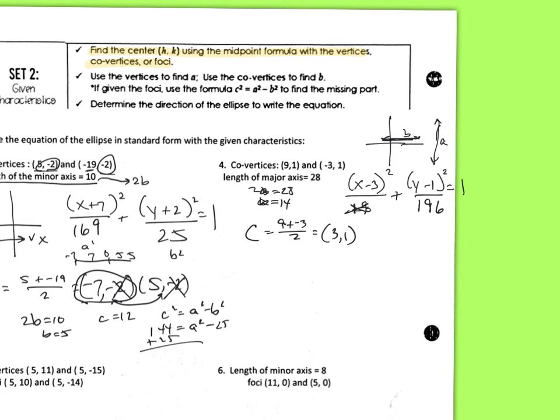We could figure out B squared like we did in the last problem, with C squared equals A squared minus B squared. Or do we even need that? If we have the covertices, we don't need that because we can tell the distance from the center to one of these. From -3 to 0 would be 3, and back to 3 again would be 6. So this is 36 because B equals 6. You square that, and it goes underneath the X.